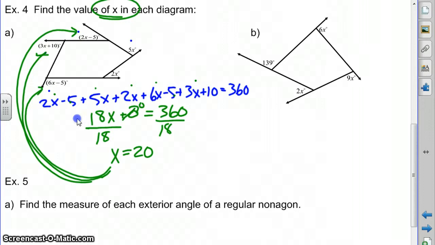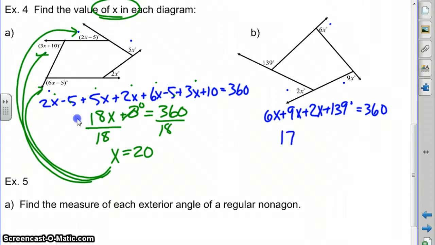Letter B is very similar. I'm going to add up all of my angles. I have 4 of them, starting from the top and working around. 6x plus 9x plus 2x plus 139 degrees is all equal to 360.